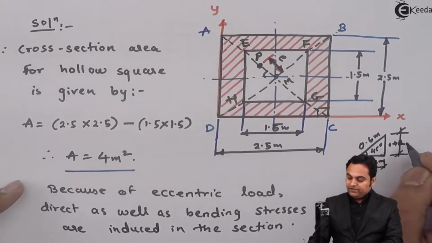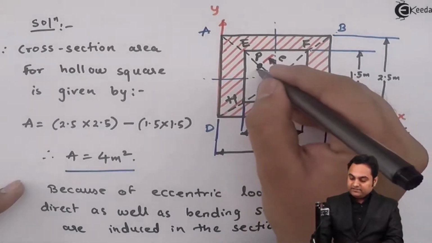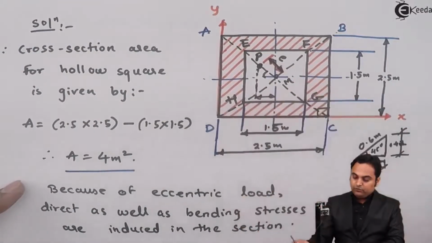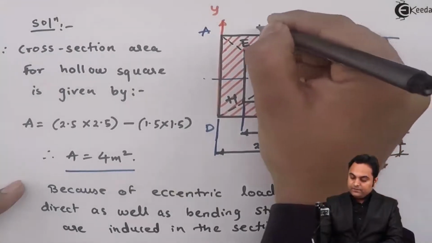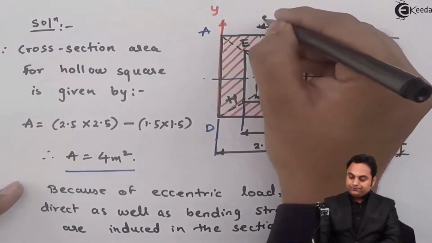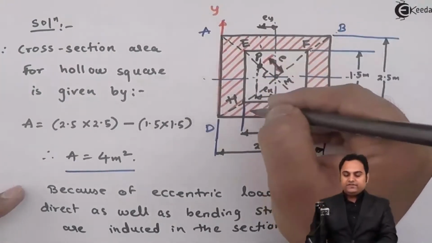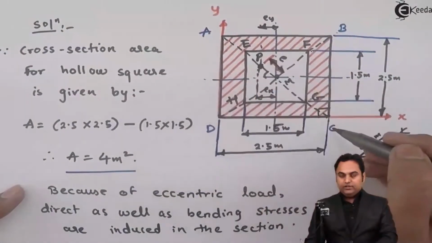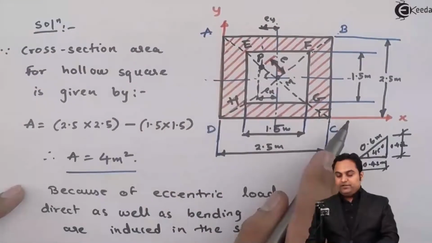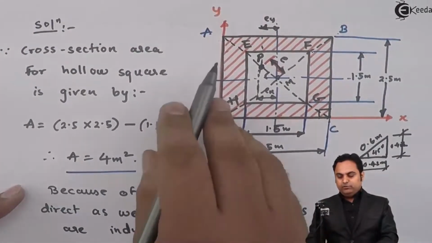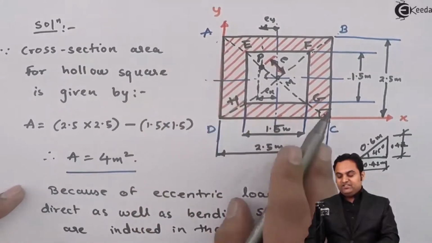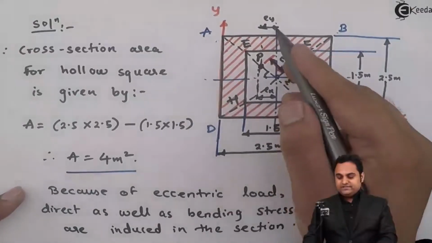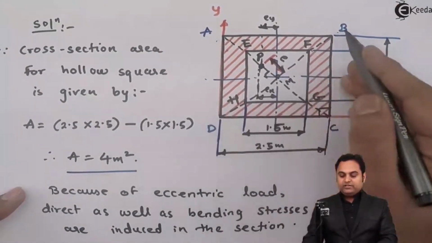So the eccentricity is the same with respect to x and y axis, 0.42 for both. When e_x and e_y are the same, the load lies on that diagonal, and the effect of bending is available only at A and C, not at B and D. So B will be subjected to only direct stress because the load is not on diagonal BD.